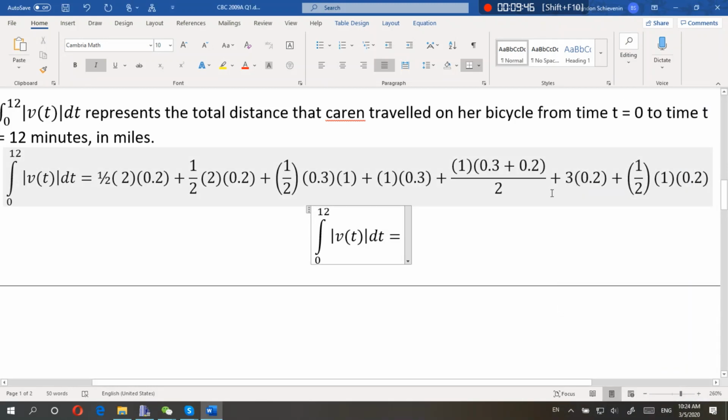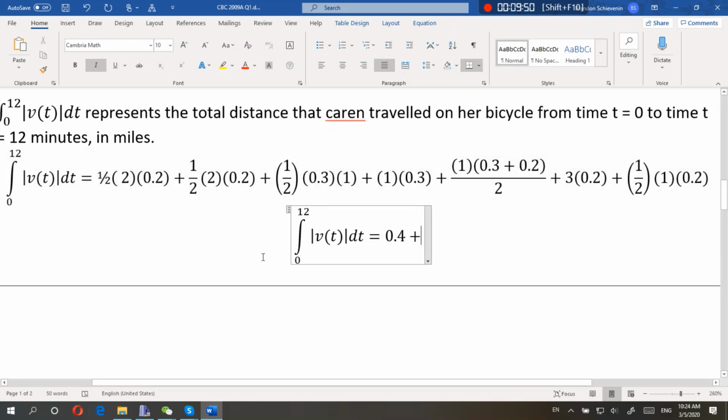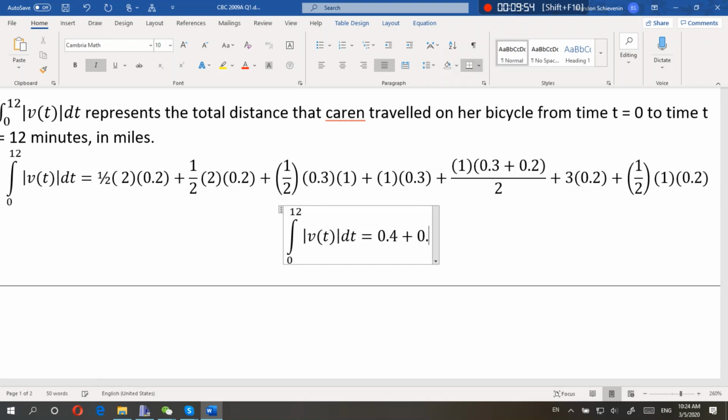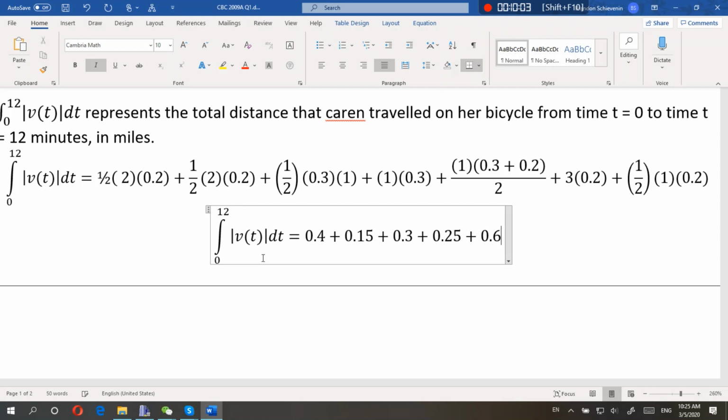So it's 0.4 plus 0.4 plus 0.15 plus 0.3 plus 0.25 plus 0.6 plus 0.1. 1.8, I think.